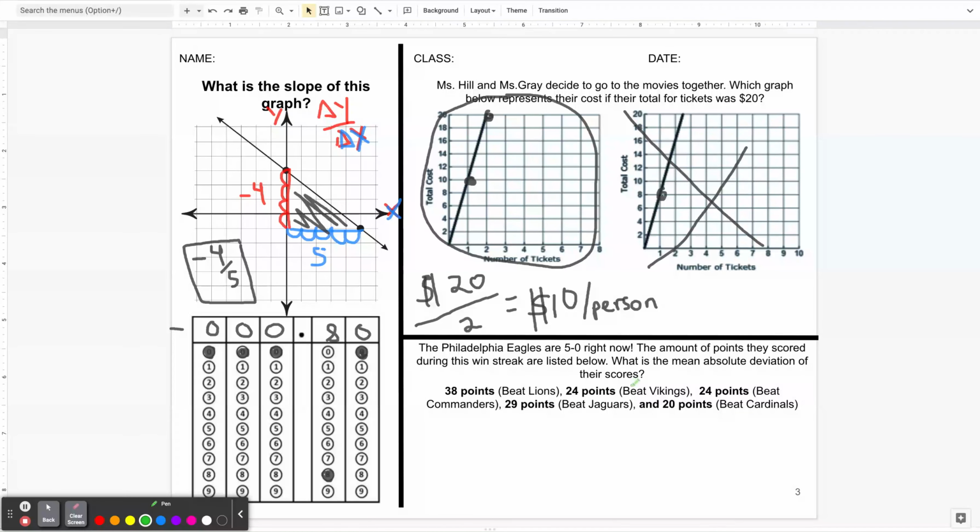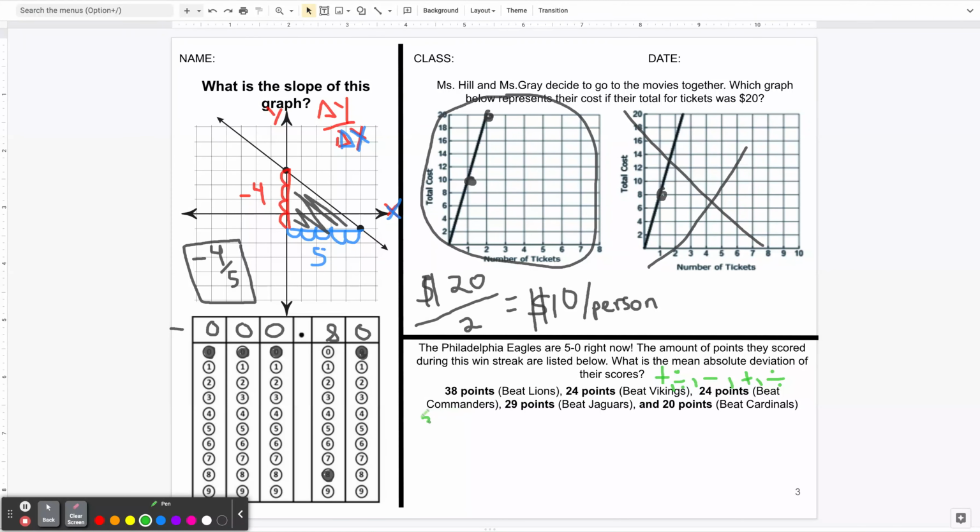Well, our anchor chart, if you're in class and you've been paying attention to your teachers, you know that basically it's going to be add, divide, subtract, add, divide. So you're going to add up all these numbers.